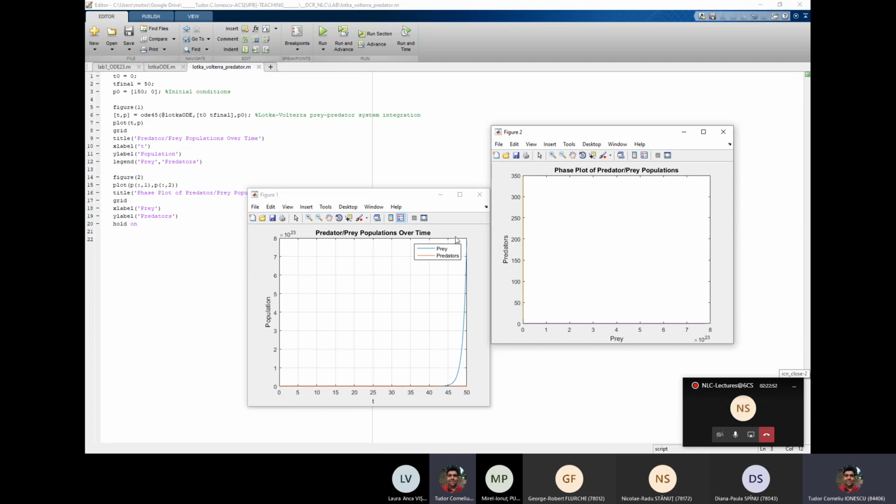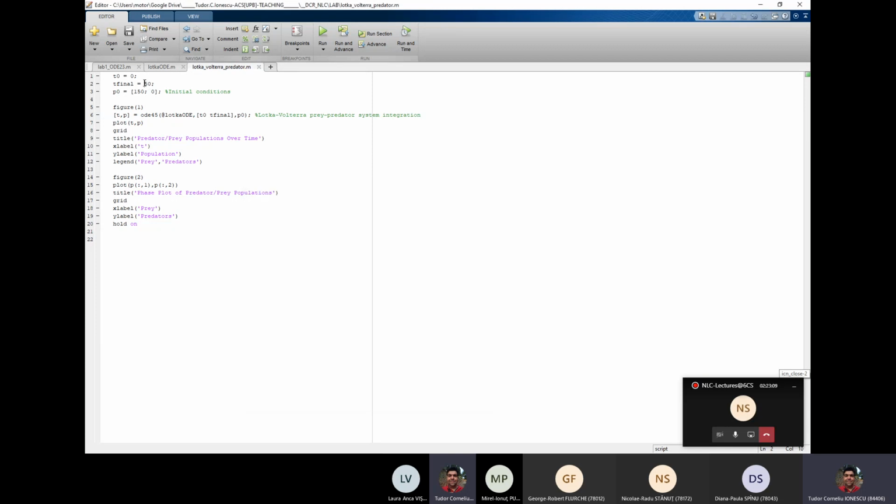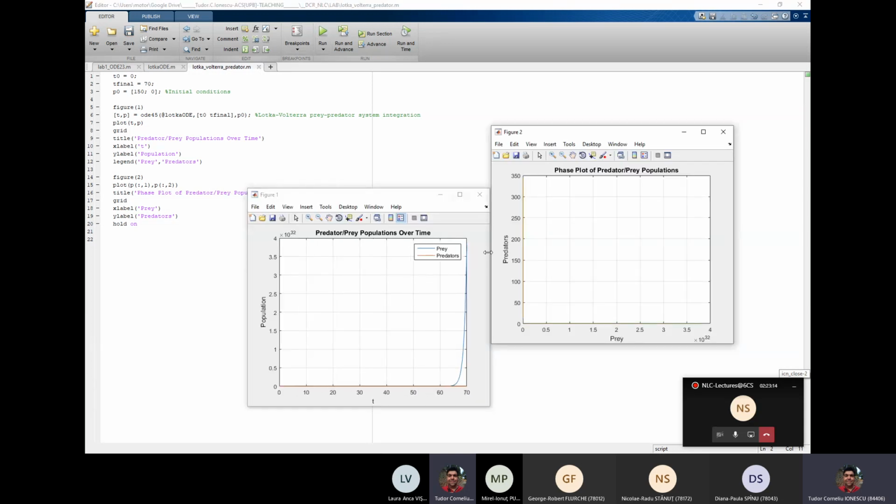So at a certain point, if there is no hunter, the evolution of the prey has a finite escape time because it's too much. Let's simulate more and see this. The population of prey is booming.